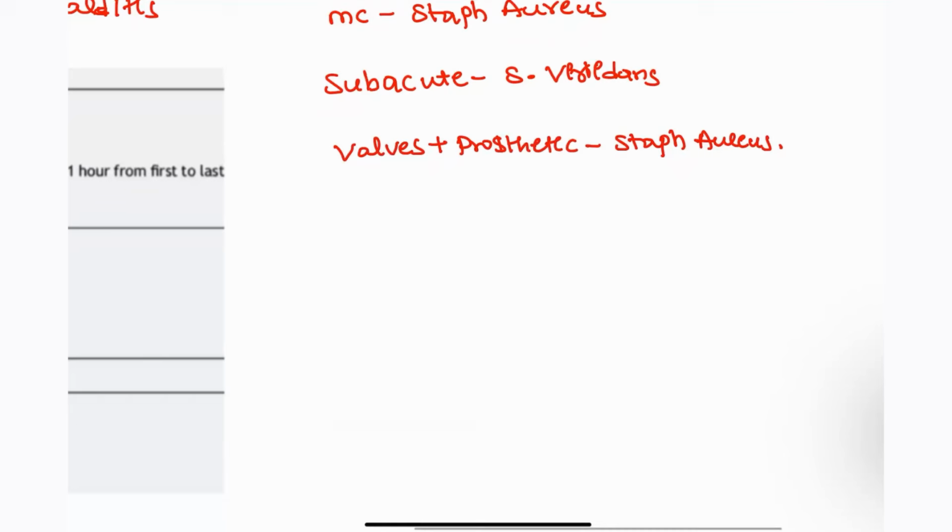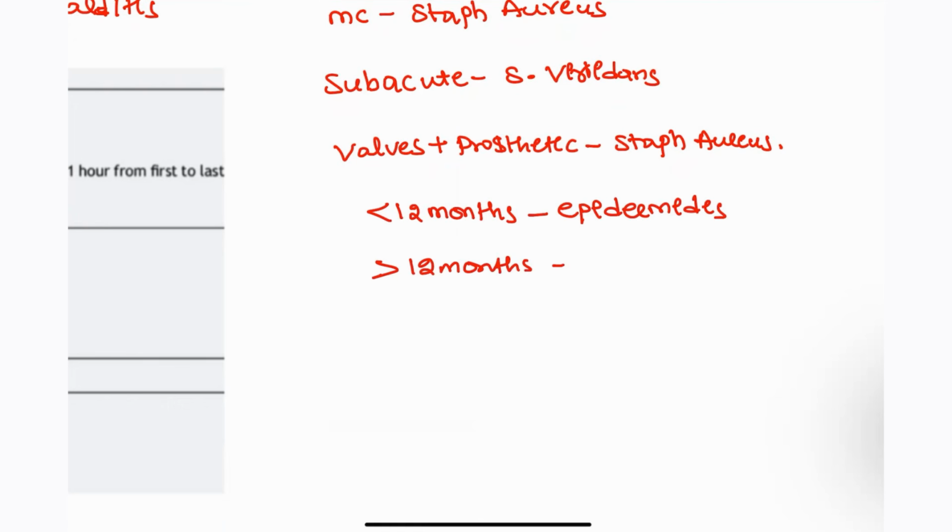But if it is less than 12 months, then it is Staphylococcus epidermidis. And if it is more than 12 months, this is due to viridans. The organisms change with different types.